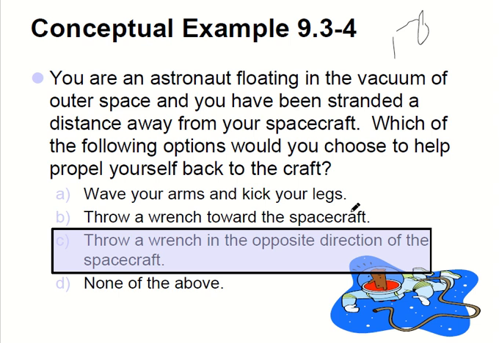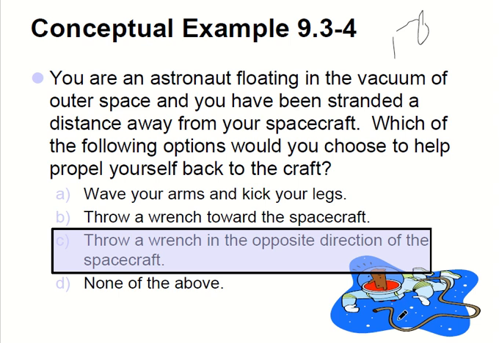If you want to move toward the spacecraft, the wrench is like the force that you're using in the opposite direction. So you will go towards the spacecraft because you are throwing the wrench in the opposite direction. And none of the above is wrong, because one of them is correct.